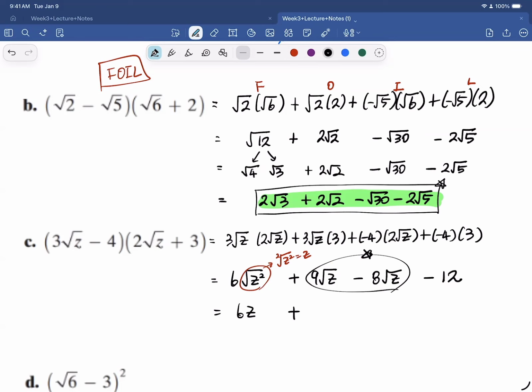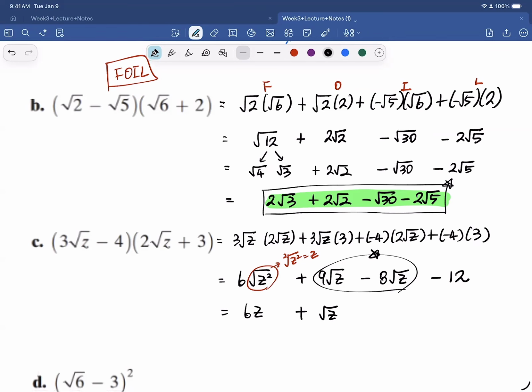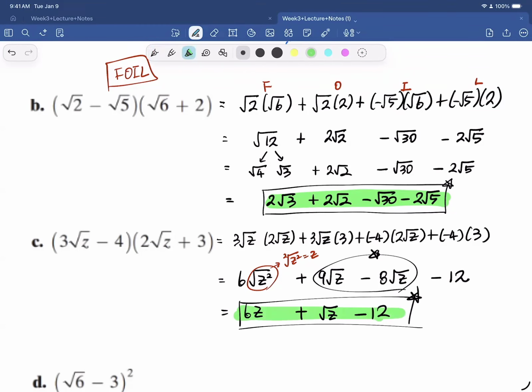So 9 minus 8 is just 1 square root of Z, and then minus 12. That's the final answer.